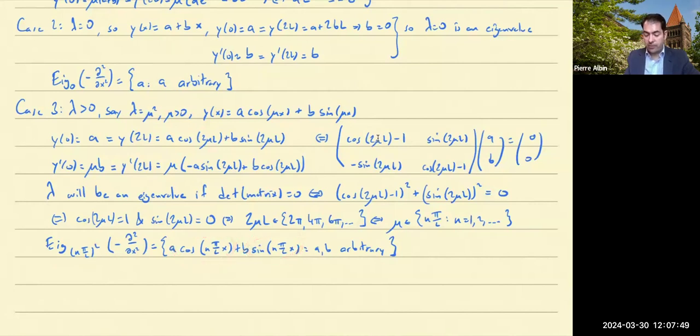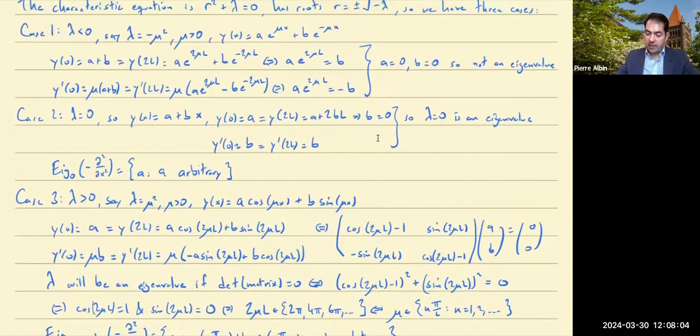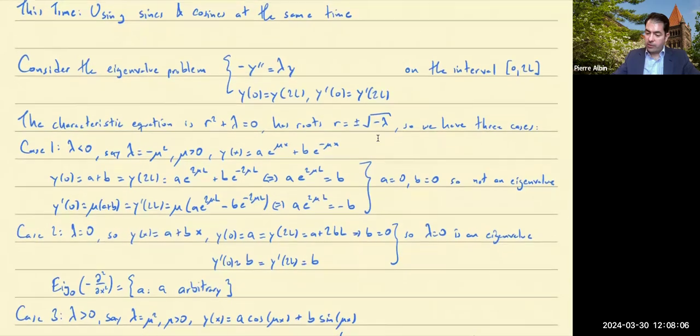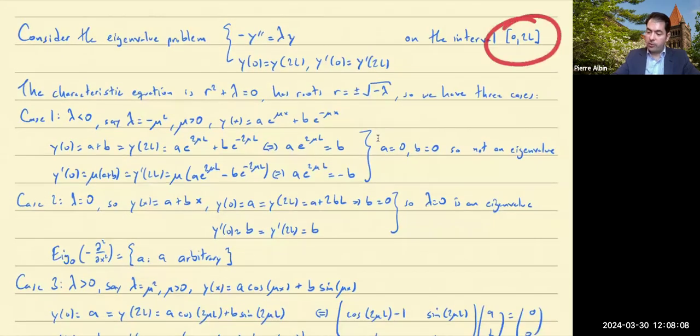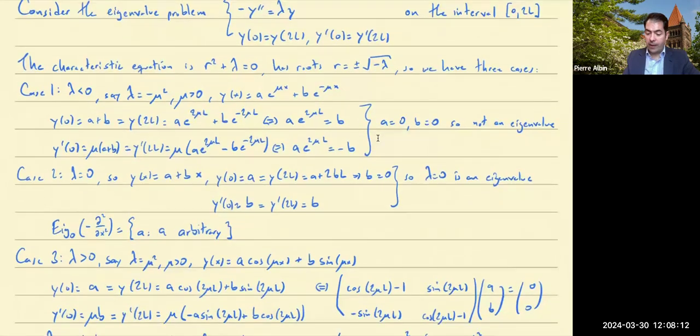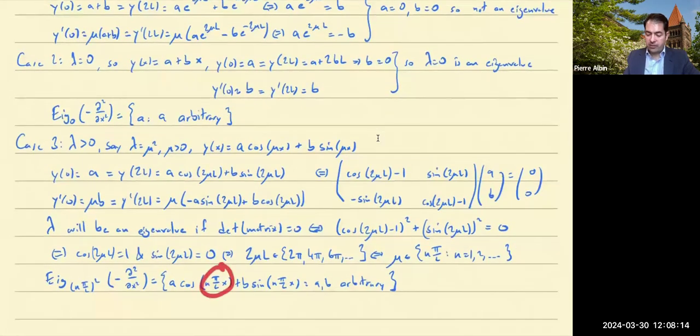The other thing to notice is that, just like for the sine series and the cosine series, the arguments of these trigonometric functions are nπ over L x. That's the reason why we're considering this problem on the interval 0 to L instead of −L to L. If we had done −L to L, we would have ended up with a slightly different argument, n times 2π divided by L in both of these.